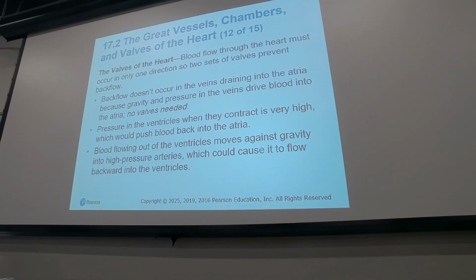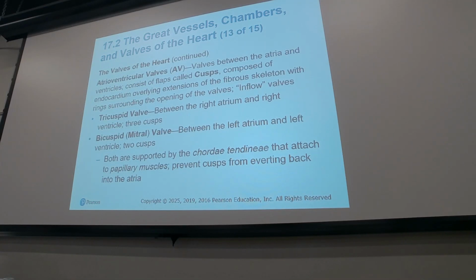And these leaflets close, so preventing this one-way flow. So tricuspid is located on the right side between the right atrium and the right ventricle. Bicuspid or mitral is on the left side between the left atrium and left ventricle.